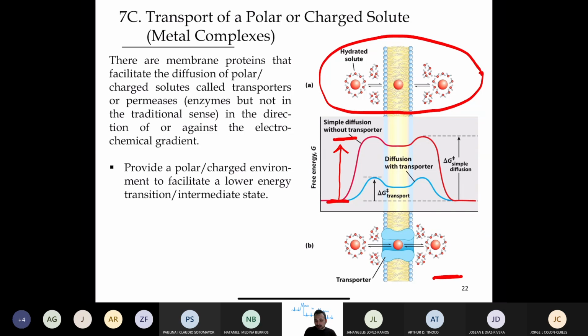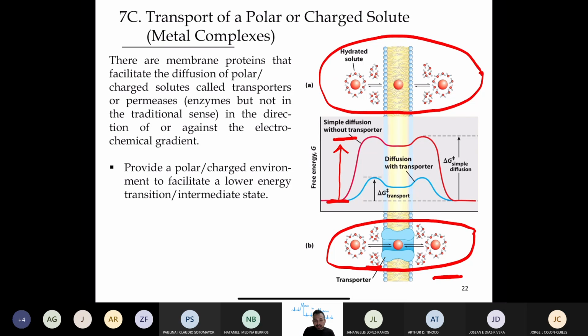But then if you look at the representation at the bottom, the role that the transporter or the permease is playing, essentially, is that now you have a protein that is going to facilitate the movement of that given polar species.